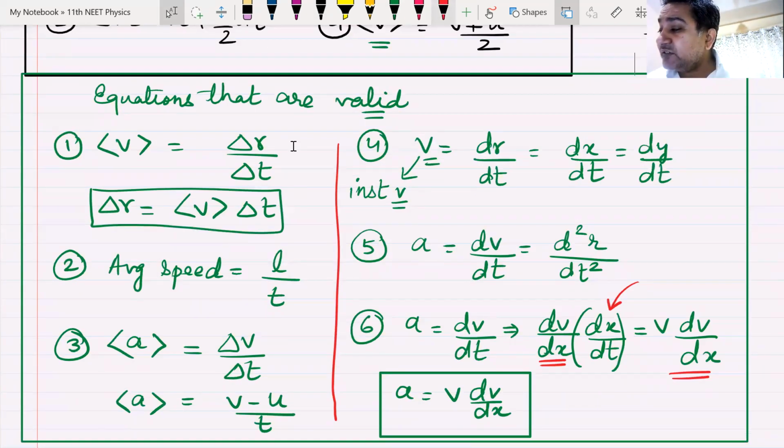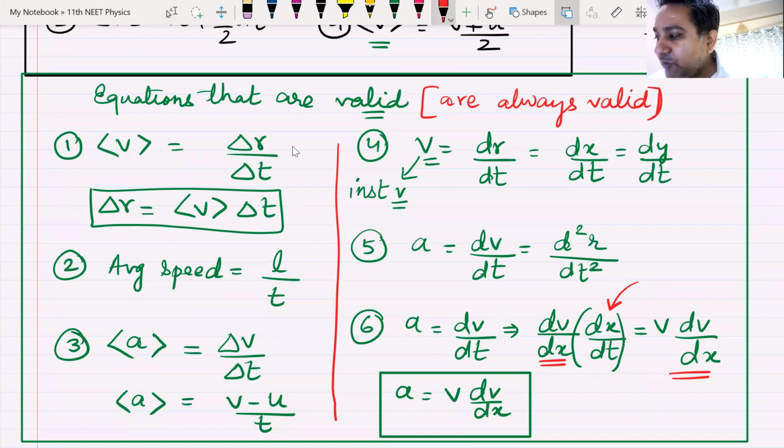Well, these equations are, remember, always valid. Always valid meaning they are valid when acceleration is variable. They are also valid when acceleration is constant. Please listen very carefully. The equations in green are definitions.